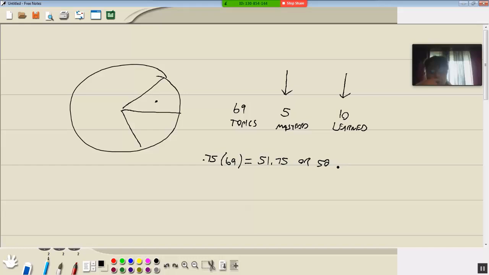So that tells us that you need to finish a total of 52 topics for the week. Now up here, you've already mastered 5 and you learned 10. So 5 plus 10 is 15. So if you need 52 total, then you take 52 minus your 15.